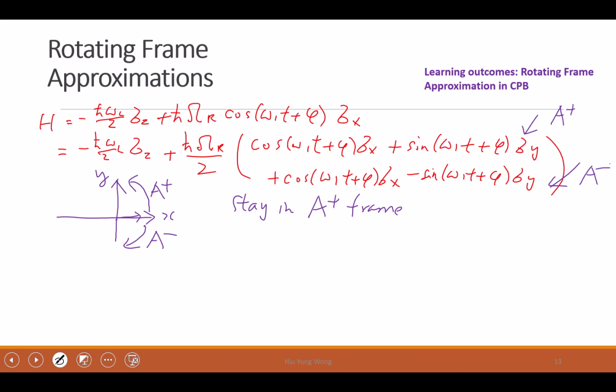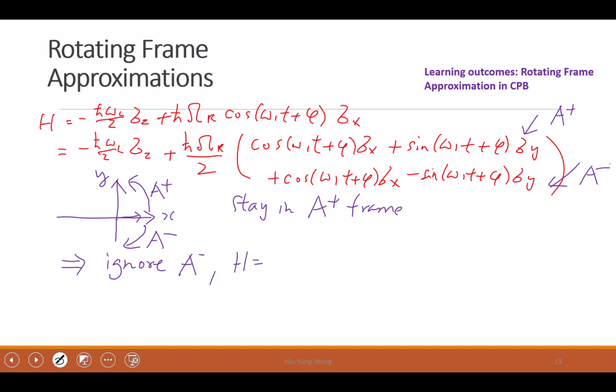Then the other is leaving me very quickly at 2 omega, like what we discussed earlier. And I'm in this frame. If you do all this math, I can ignore the A minus term because it's rotating fast. Again, this is the rotating frame approximation.